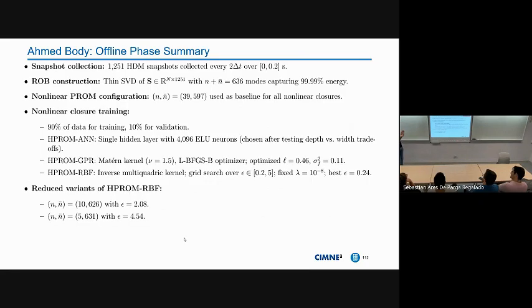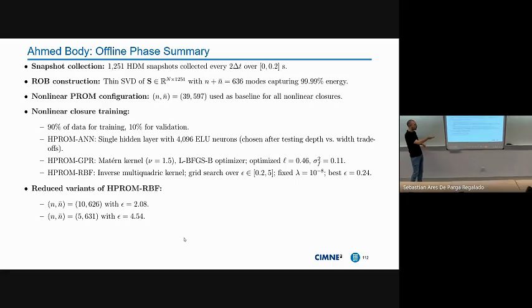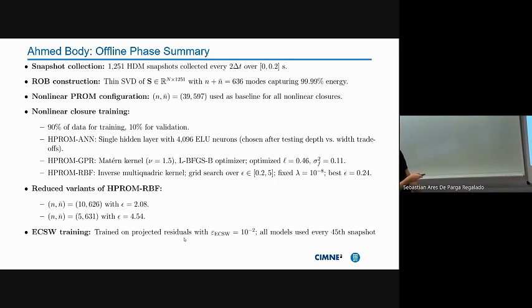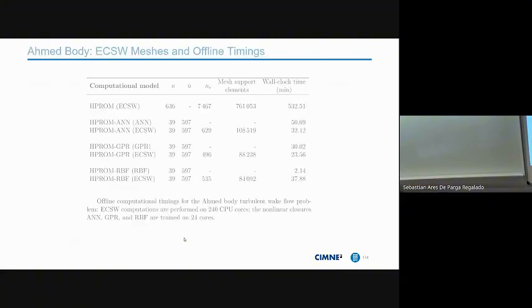I will also show that I went even further than 39 modes, because I wanted to show that this can surpass what the quadratic manifold can do. For the ECSW, I just want to mention for those that are more or less familiar with the method, we only take every 45th snapshot to get the reduced mesh.